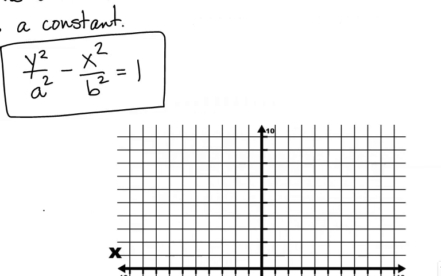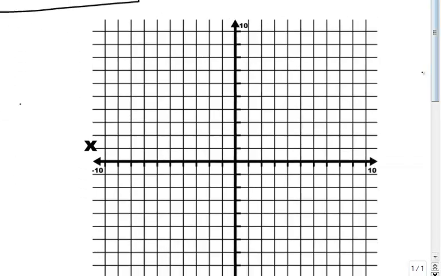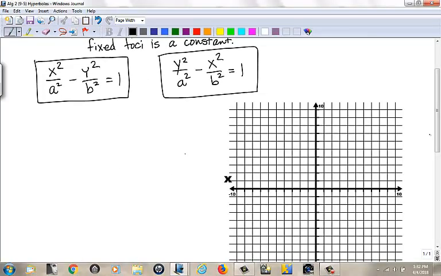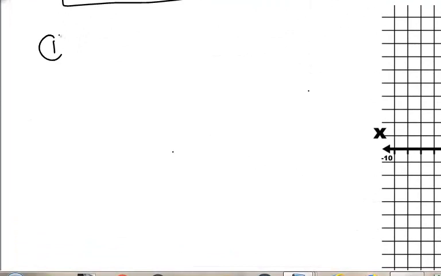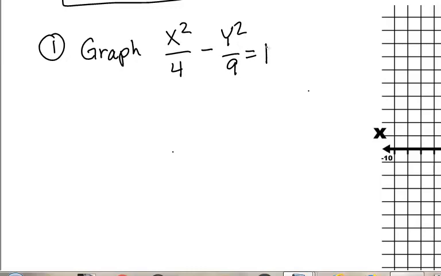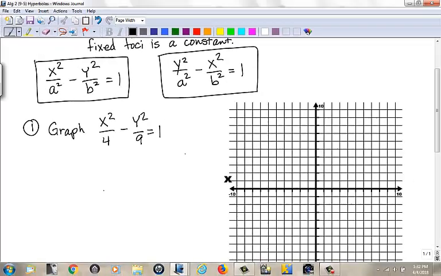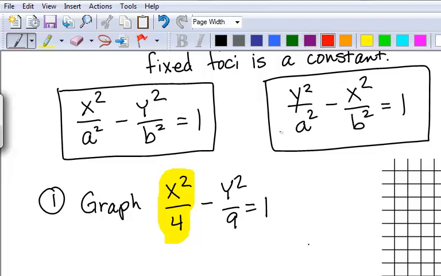And I'm going to take you through graphing a couple of these. We're not actually plotting a lot of points. We're only going to plot a few points and then just sketch it in. So on a graph, they will say graph x squared over 4 minus y squared over 9 equals 1. Okay, first you look at this first term, and it tells you it's on the x.